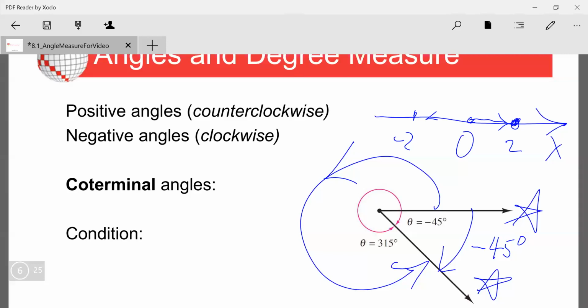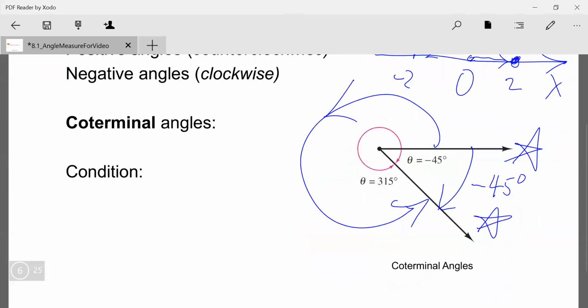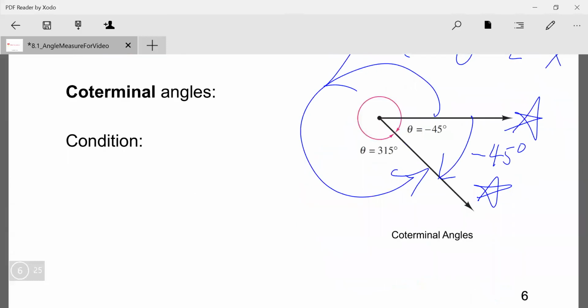Okay. And notice that those two angles, 315 and negative 45, have the same terminal side. Such angles are called coterminal angles. So what is the condition for two angles to be coterminal? It's like this. Suppose I have two angles, alpha and beta.